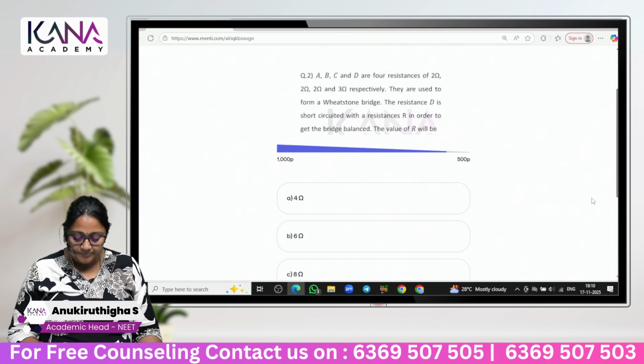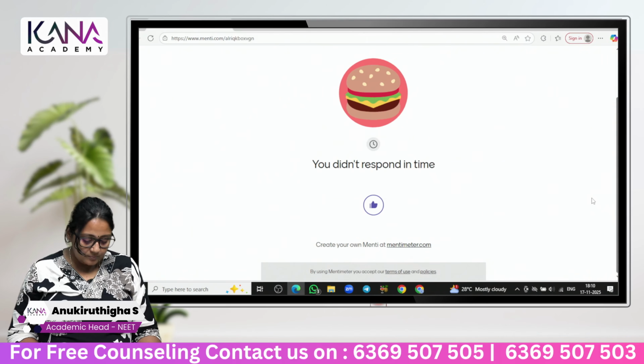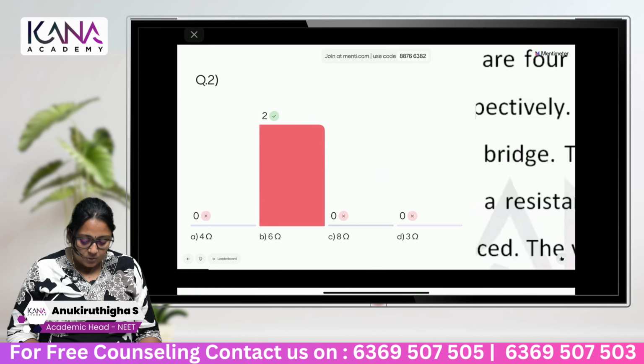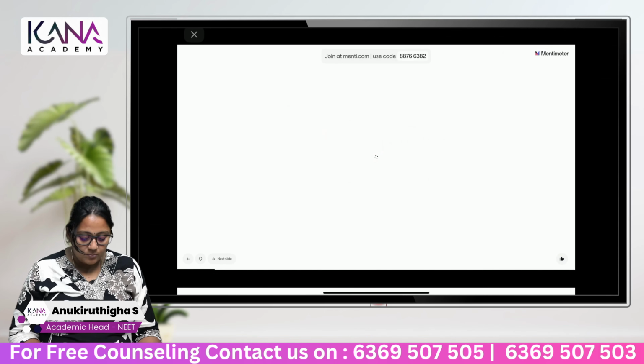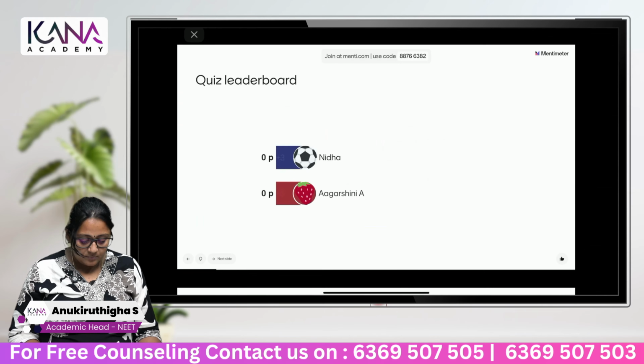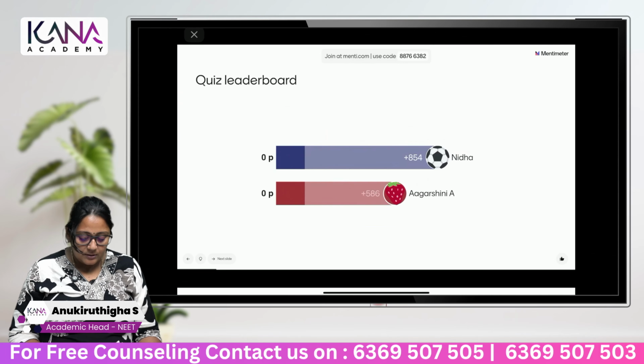And options are 4 ohms, 6 ohms, 8 ohms, and 3 ohms. Okay. So the right answer is B, 6 ohms. Okay. Nida is the fastest one. Very good, Nida. Nida is the fastest one.